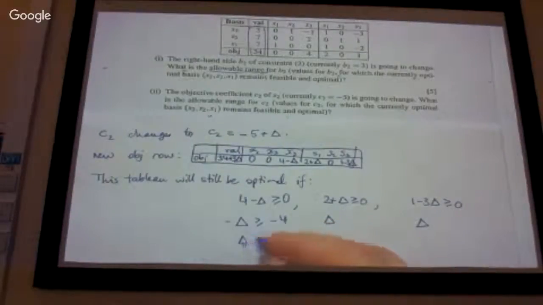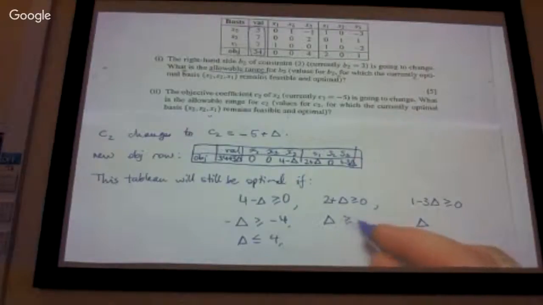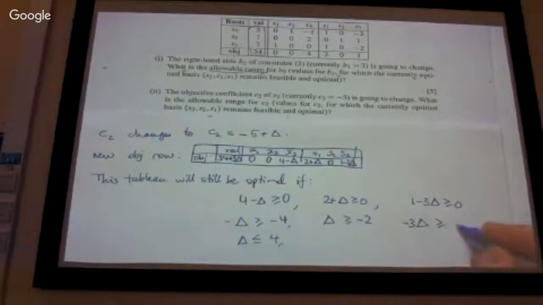Delta is less than or equal to 4. Okay. How about this one? Delta is greater than or equal to minus 2. And minus 3 delta is greater than or equal to minus 1. So delta is less than or equal to 1/3.